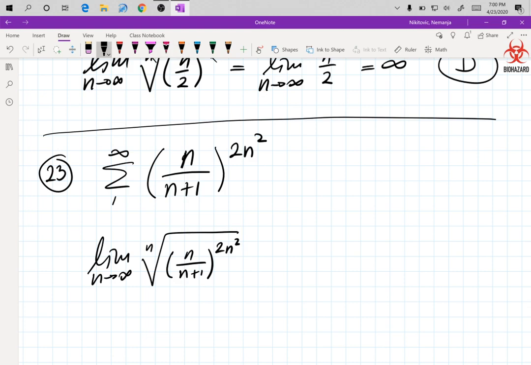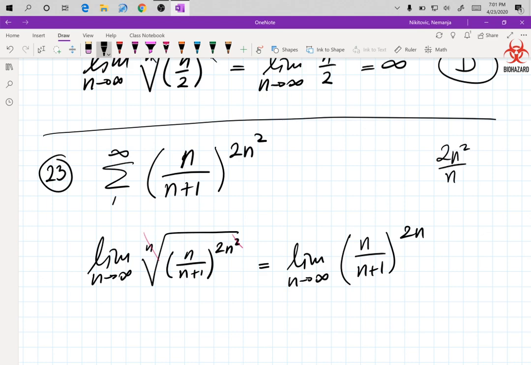The root now cancels just one of these n's, and we are left with the limit as n goes to infinity of (n/(n+1)) raised to the 2n. So all this root test did is take out the square, because you are dividing by the order of the root. If you had 2n squared divided by n, they cancel and you just have 2n left behind.